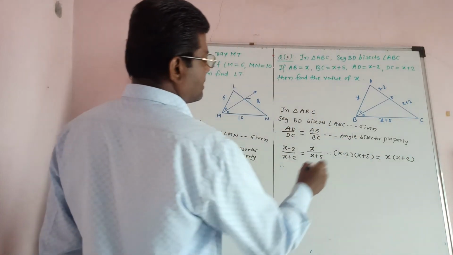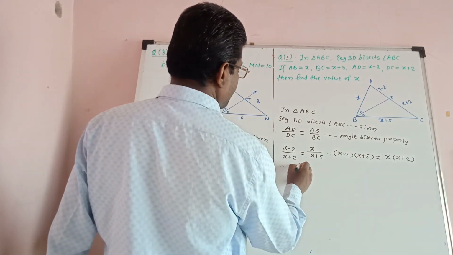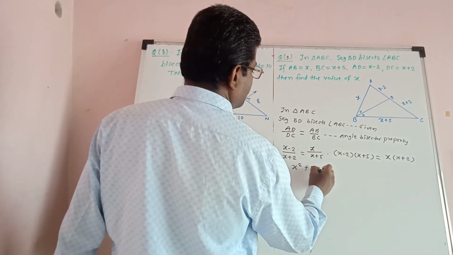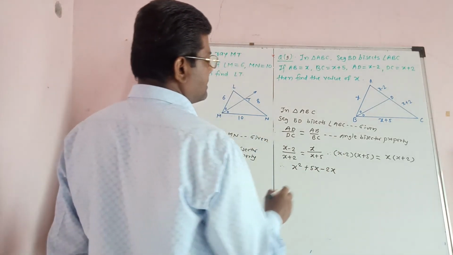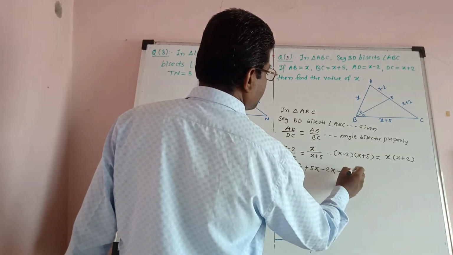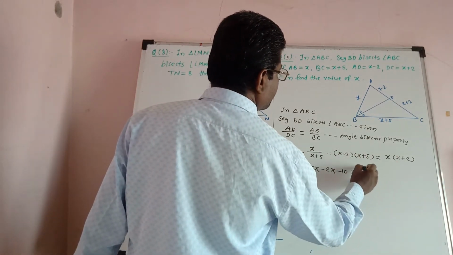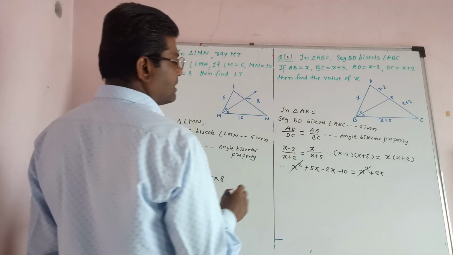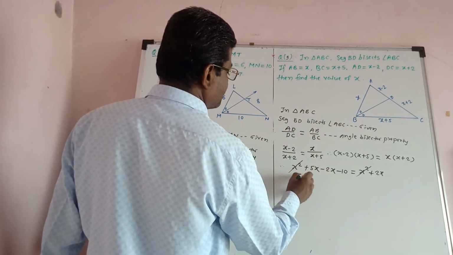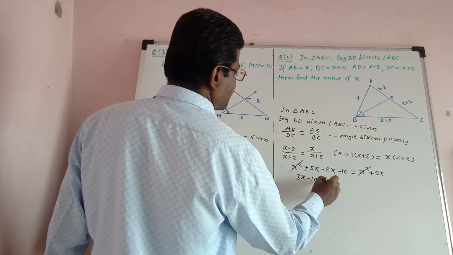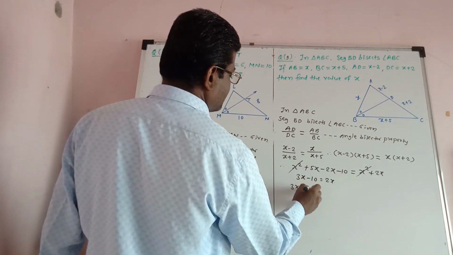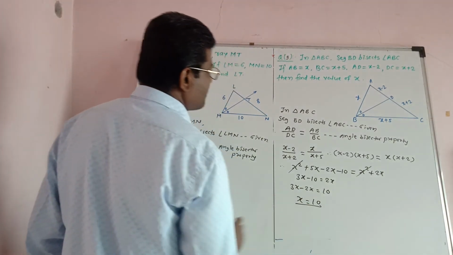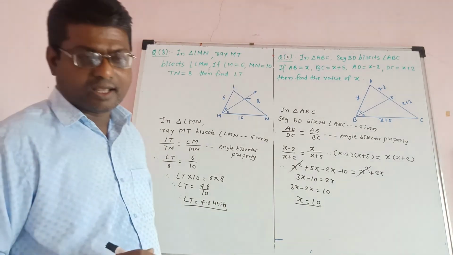Therefore, x into x square, x into 5, 5x, minus 2 into x, minus 2x, minus 2 into 5, minus 10 is equal to x square plus 2x. This x square gets cancelled. Now 5x minus 2x, 3x minus 10 is equal to 2x. Therefore, 3x minus 2x is equal to 10. Therefore, x is equal to 10. Therefore, value of x will be 10 here.